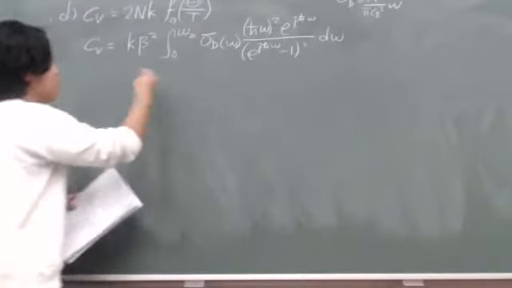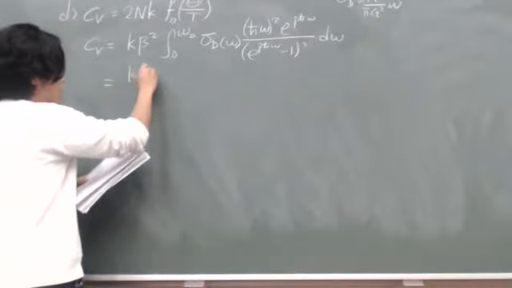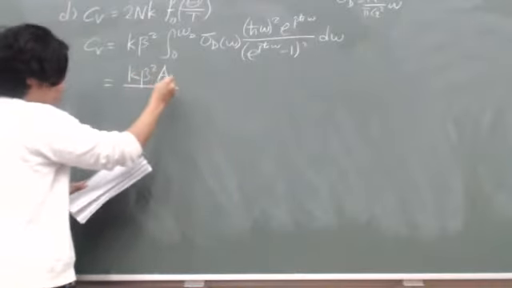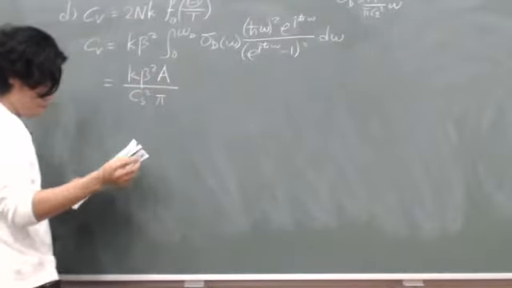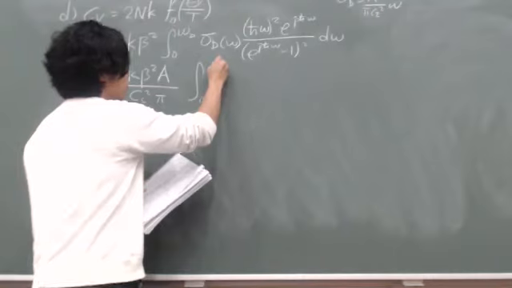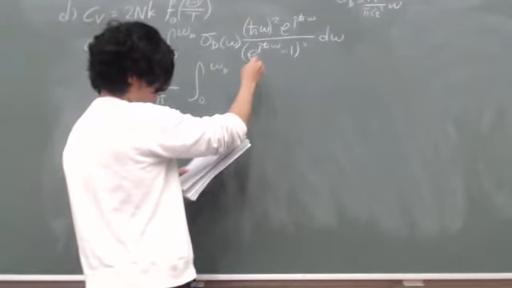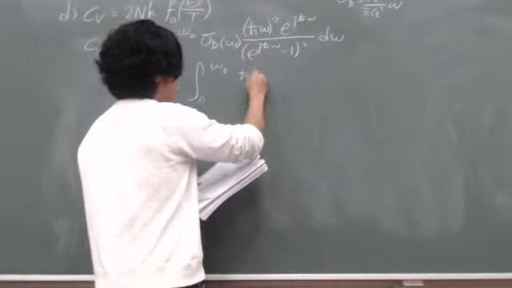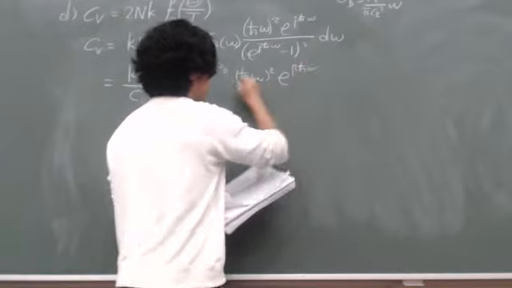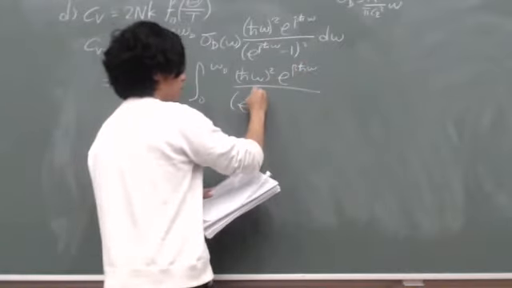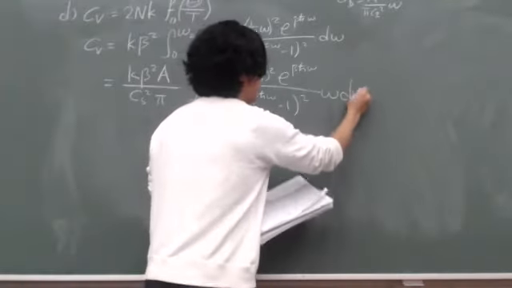So you can put that in here and say CV is equal to k beta squared A divided by CS squared pi, integral 0 to omega D of all the rest of it: h bar omega squared, e to the beta h bar omega, omega d omega.